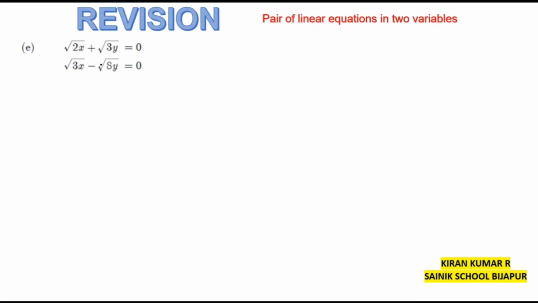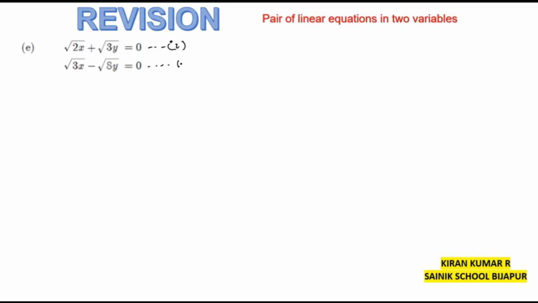Root 2 times of x plus root 3 times of y equal to 0. Root 3 times of x minus root 3 times of y equal to 0. Here actually there is a misprint. These roots are not for the variables. Let me call this first one as equation 1.